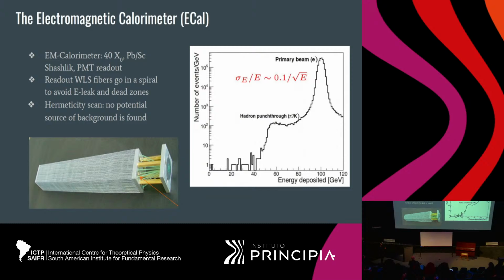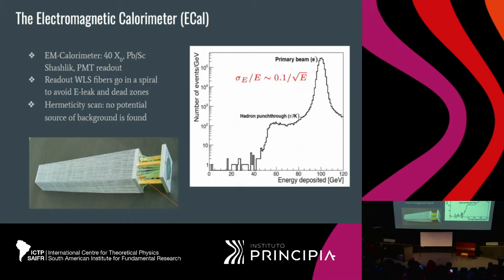This is a so-called shashlik calorimeter. Shashlik is a kind of Russian barbecue, where you put your meat on some metal rods and cook it on fire. Since there are some metal rods which hold this cell together, this is the name of the detector.